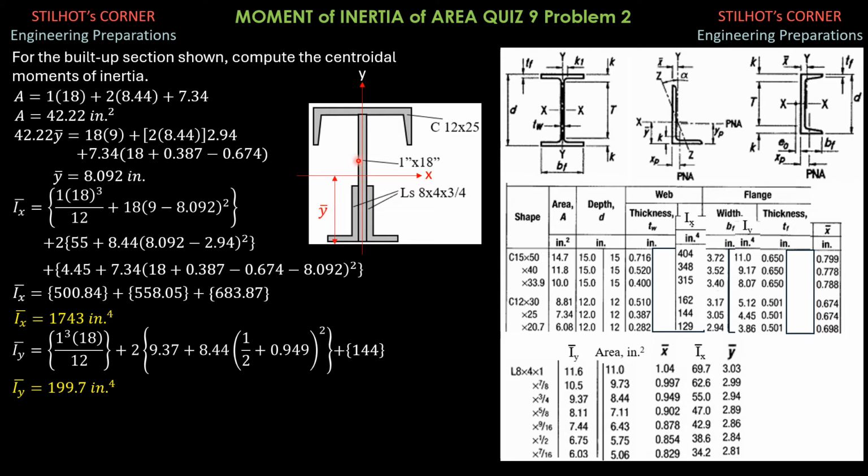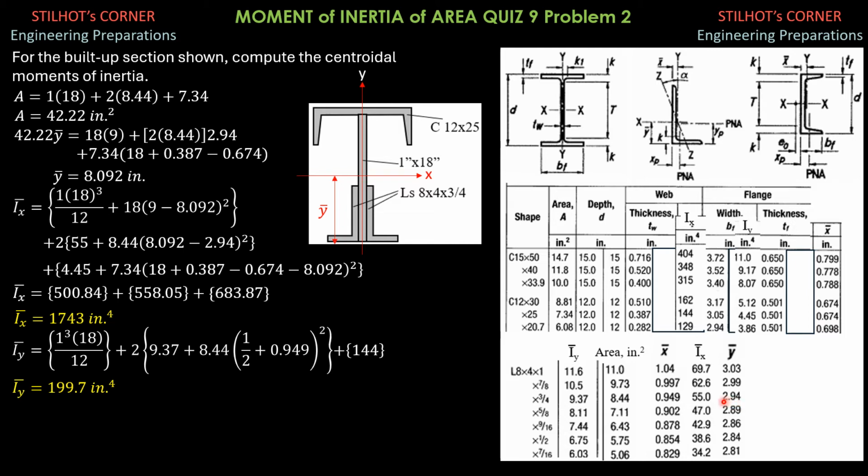So the area consists of the 1 by 18 rectangular plate, then we have two angles, 8 by 4 by 3/4. The properties of this angle: I bar y is 9.37, area 8.44 square inches, bar x 0.949, I bar x 55 inches to the fourth, and bar y 2.94.